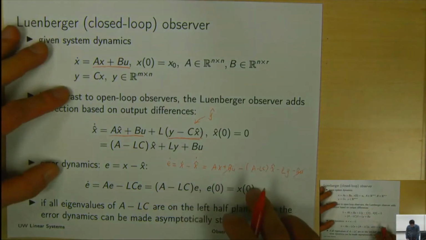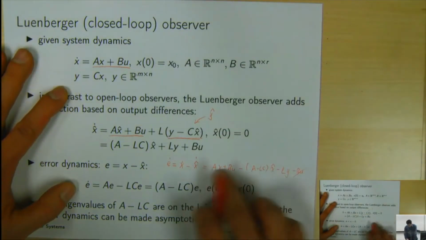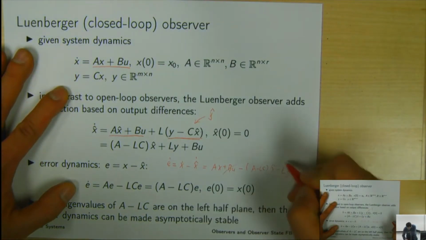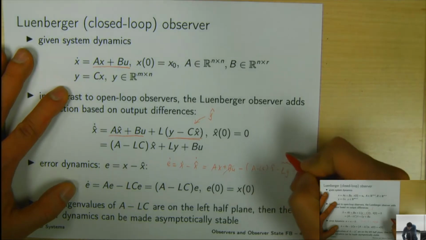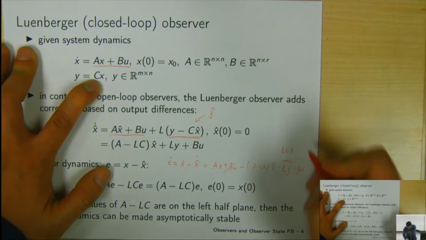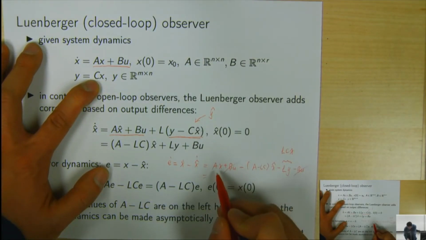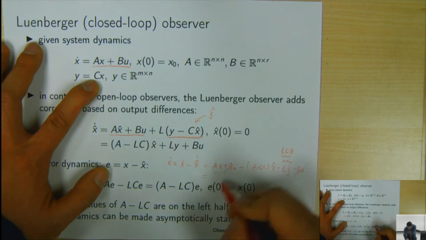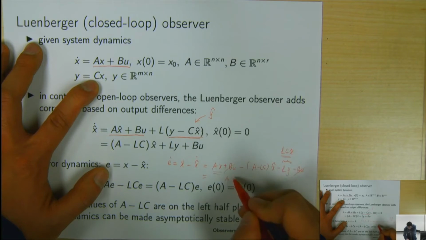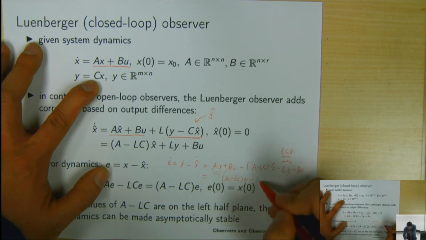And then for this part, we can see that L times Y is L times CX, right? So therefore, this is the X term, this is another X term, so it's going to become A minus LC X minus A minus LC X hat.